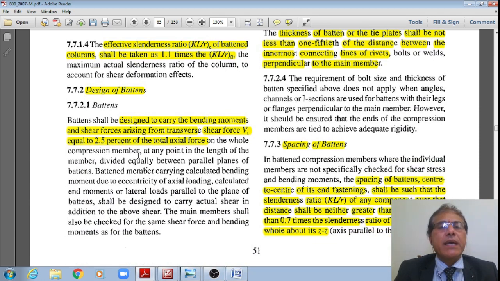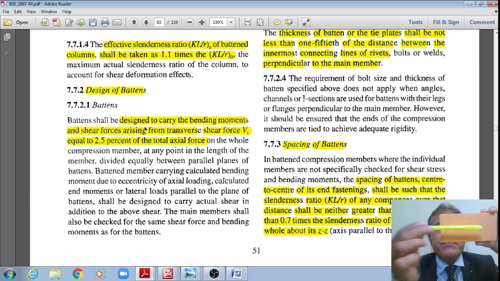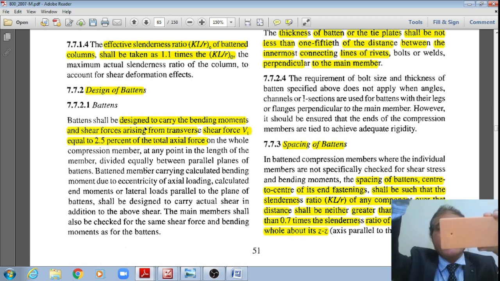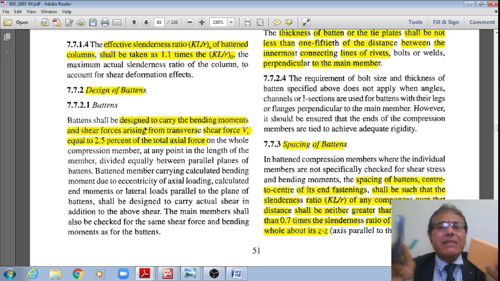And next one is the design of battens. How should these be designed? The battens shall be designed to carry the bending moment, just now I told, and shear forces arising from transverse shear force Vt equal to 2.5% of the total axial force in the entire compression member at any point in the length of the member, divided equally between the two parallel planes of the battens.